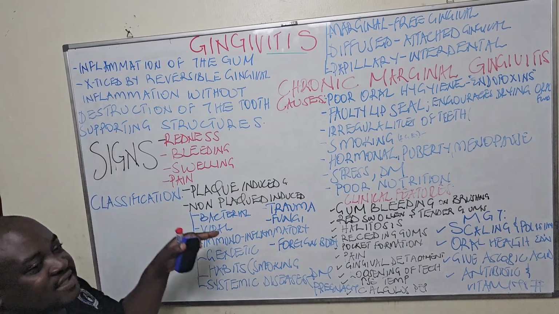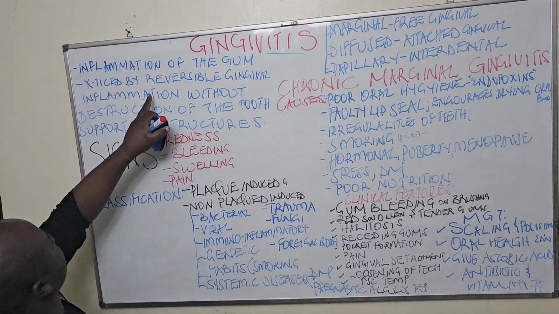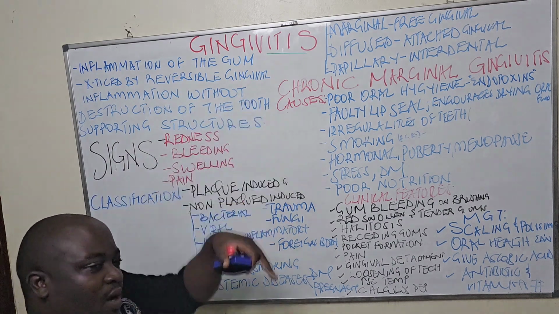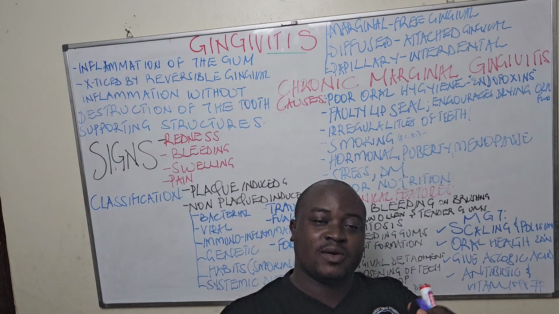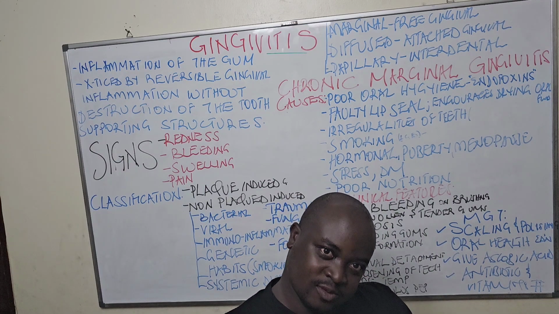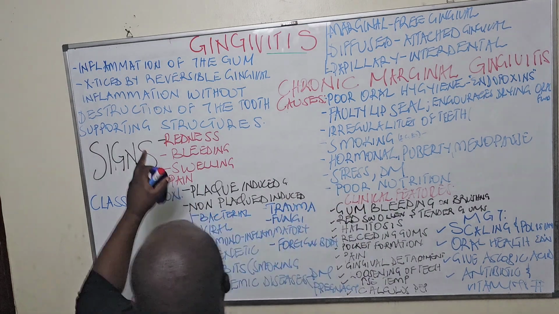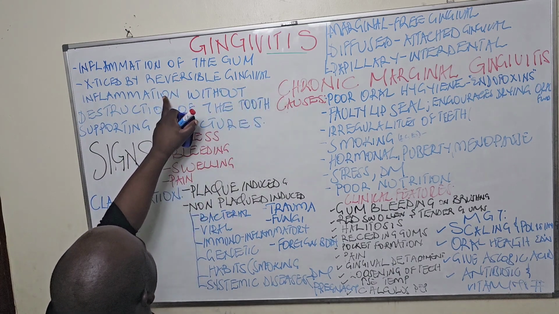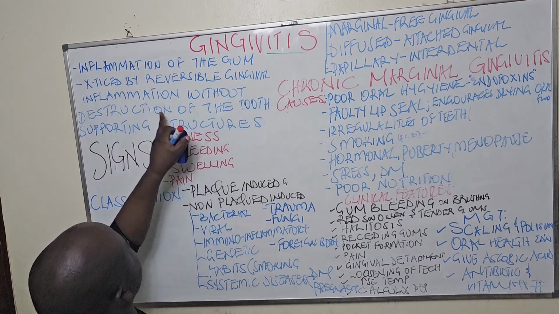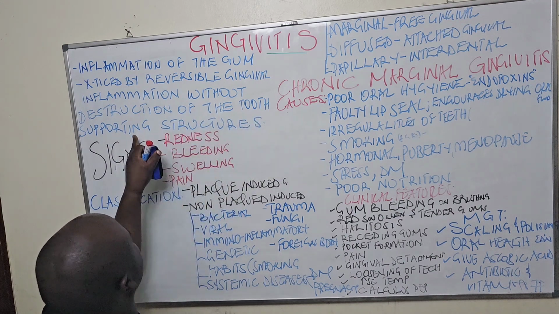It is characterized by being reversible. What do we mean by reversible? Unlike dental caries, this one is reversible. This is a reversible gingival inflammation without destruction of the tooth supporting structures.